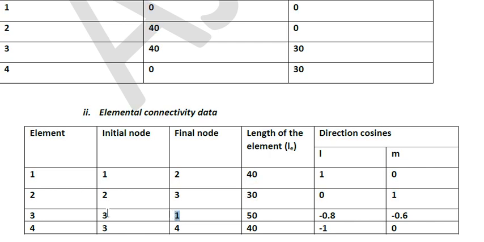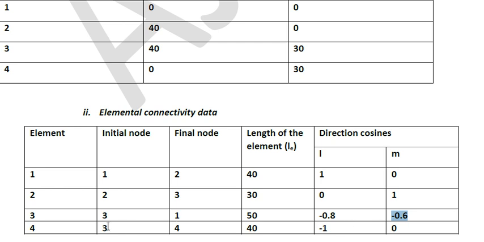Final node is 1, initial node is 3. So final minus initial, 0 minus 40 divided by 50 is minus 0.8. Similarly, 0 minus 30 divided by 50 is minus 0.6. This 3, 1 can be taken either way; 1, 3 can also be done, then these will be positive.